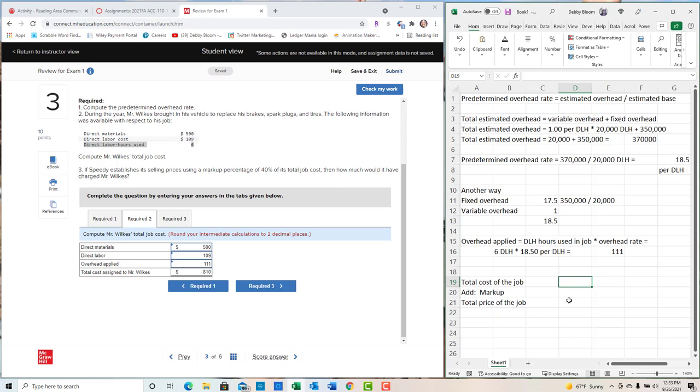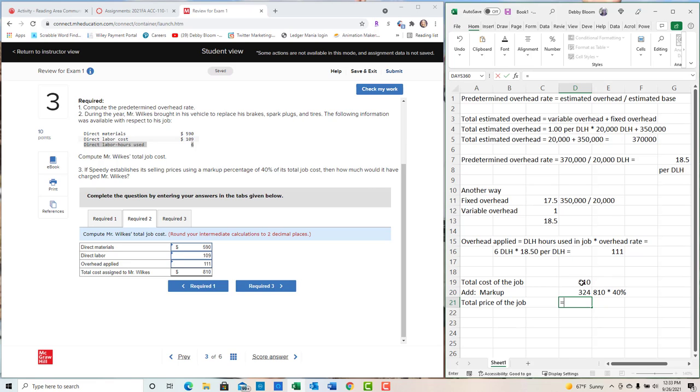So we just calculated, and the computer said it's correct, that the cost of the job is $810. So they said the markup percentage is 40% of total cost. So to calculate the markup, I take 810 and I multiply that by 40%. So 810 multiplied by 0.4 or 40%, either one, will give us $324.